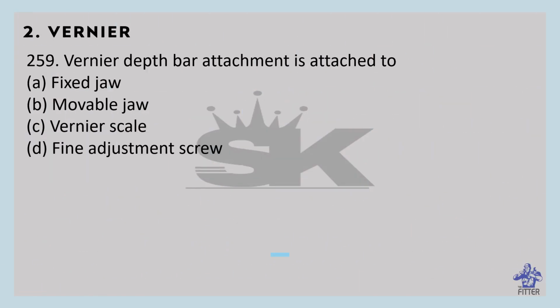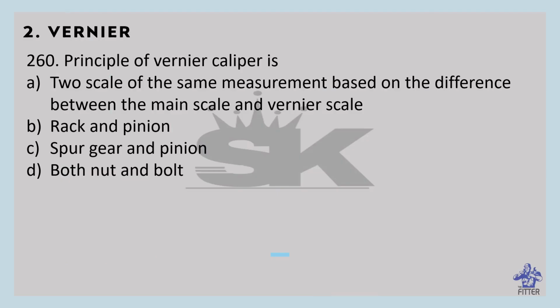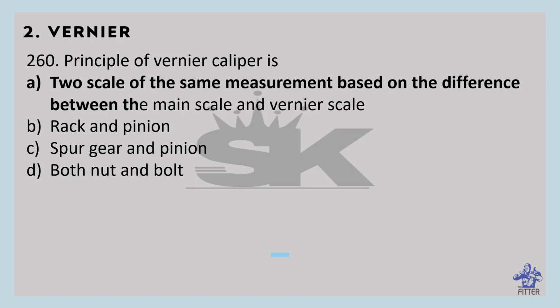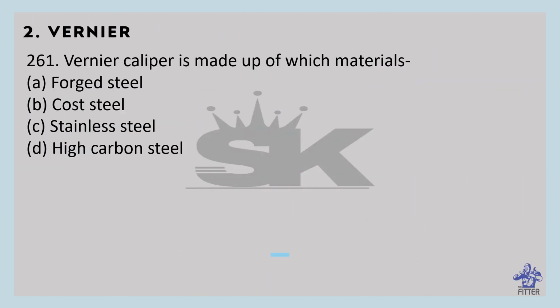When a depth bar attachment is attached, so that is attached to the movable jaw. Okay. Principle of vernier caliper is, so two scales of the same measurement based on the difference between the main scale and vernier scale, option A. Okay. Vernier caliper is made up of which material?